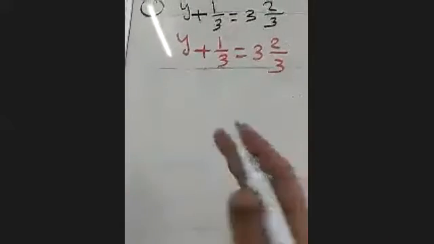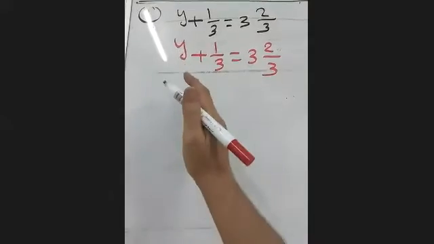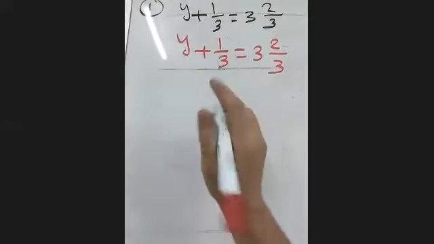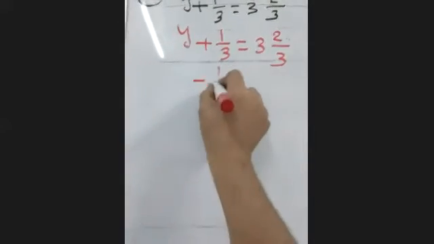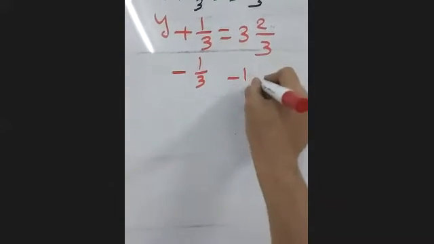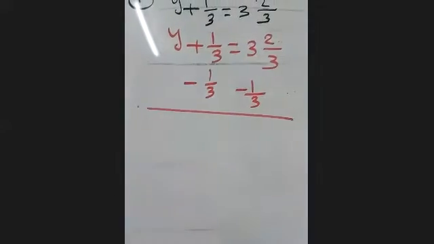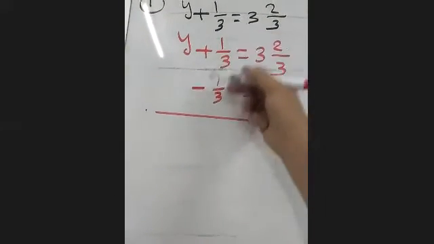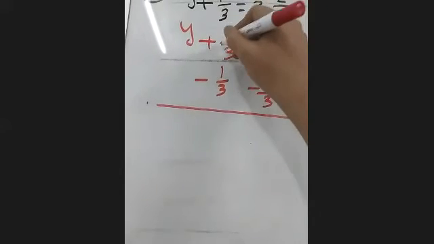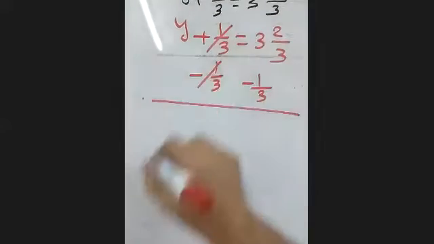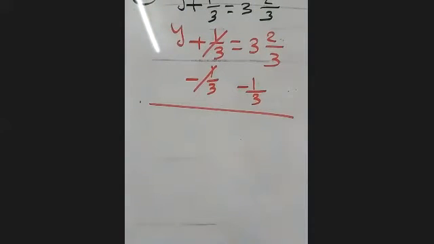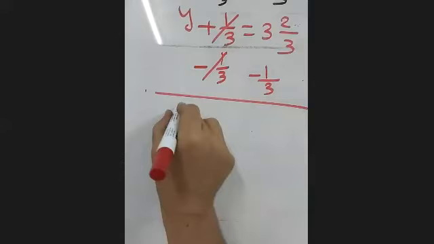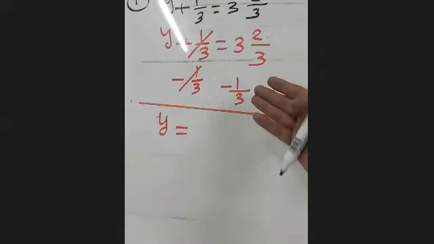We will subtract 1 over 3 from both sides. Good. So I'll subtract 1 over 3, guys, from both sides. This is minus 1 over 3 here and minus 1 over 3 here. 1 over 3 and 1 over 3, they are crossed. 1 over 3 minus 1 over 3, they are still what in this side? Y. And here we have 3 and 2 over 3 minus 1 over 3, right?